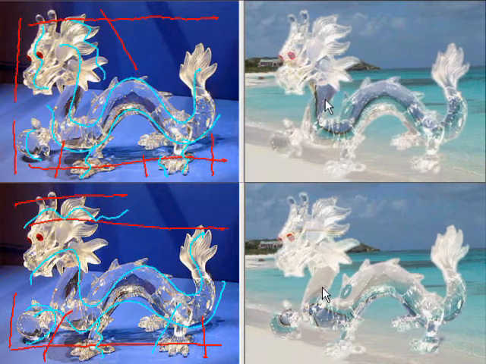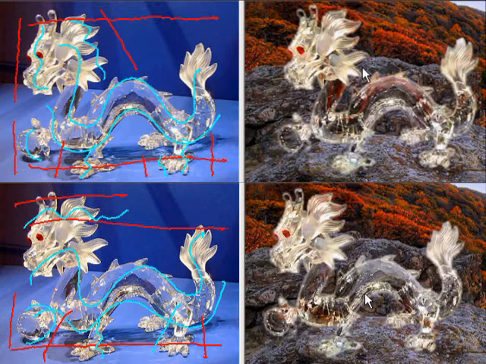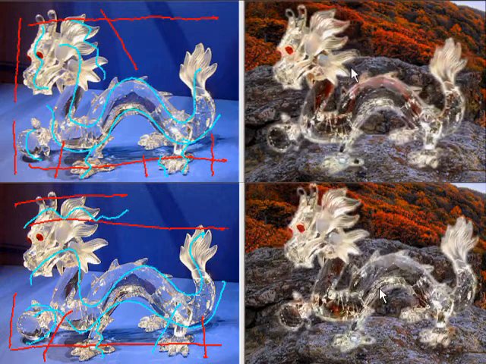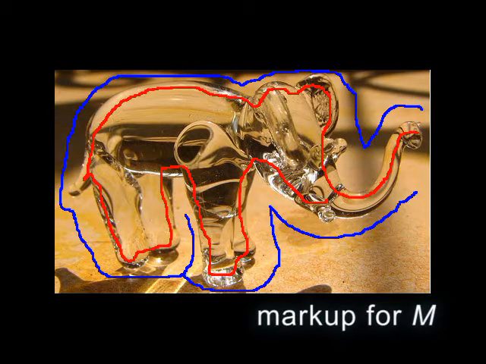Even though the markups are significantly different, they both produce equally plausible results. Here we show a series of objects extracted by our approach.